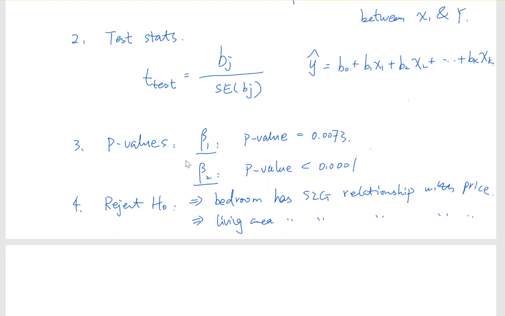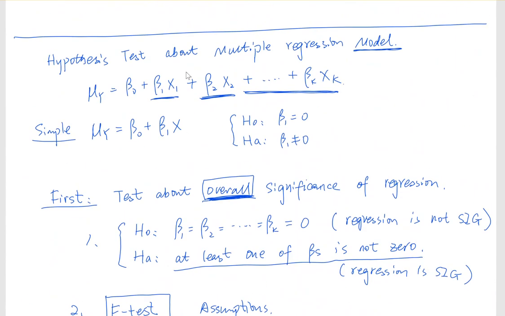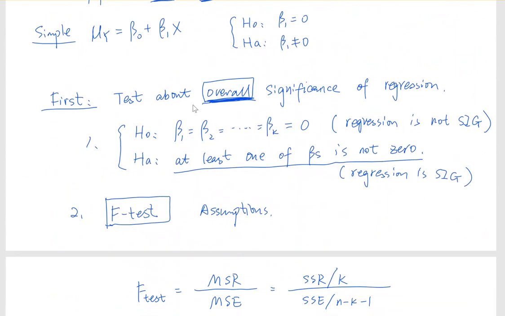Right, so is that easy? For the hypothesis test for multiple regression, what you need to do first is test the overall significance of the regression. Because if overall there's no relationship between the explanatory variables and the response variable, you don't need to check each one anyway.